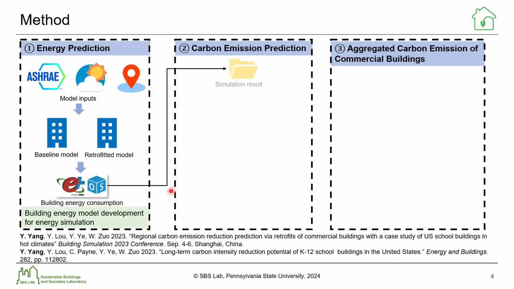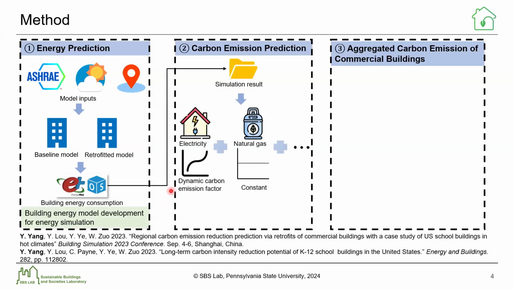After that, we can get the energy consumption for different energy sources. As I mentioned before, electricity is more uncertain because the grid is trying to incorporate more clean energy. Natural gas, which is usually used for heating, has a constant emission factor.